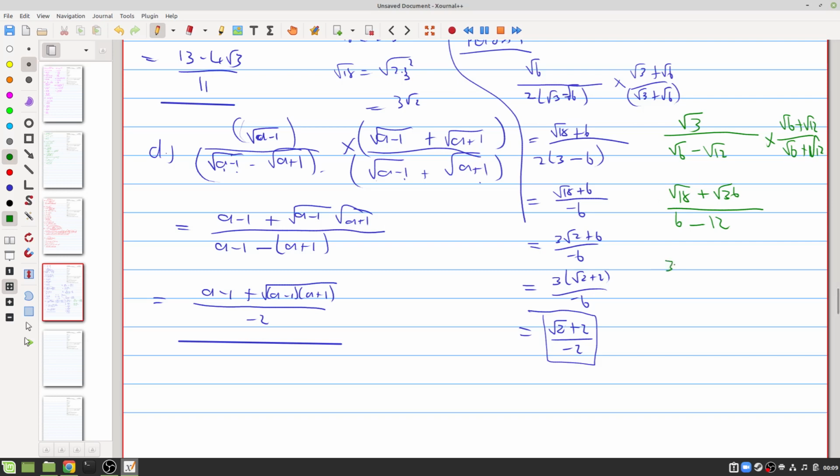So square root 18 is the same as 3 square root 2, and square root 36 is just 6. At the bottom, 6 minus 12 is negative 6. Again, we can factor out 3 at the top, so we get square root 2 plus 2 over negative 6, and we can cancel the 3 and the negative 6 to get square root 2 plus 2 over negative 2.